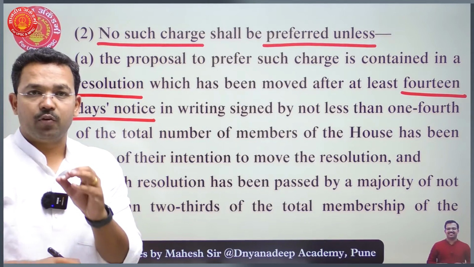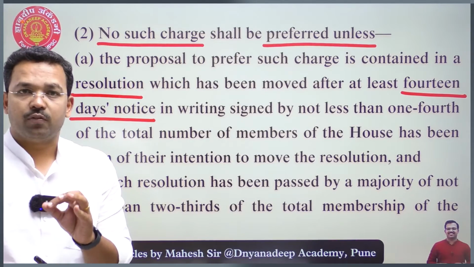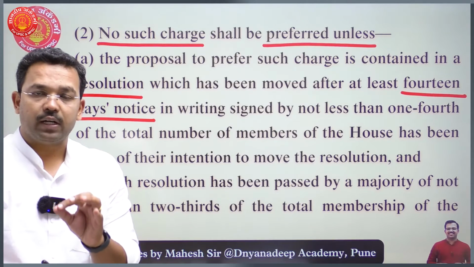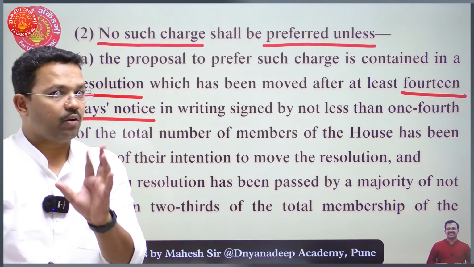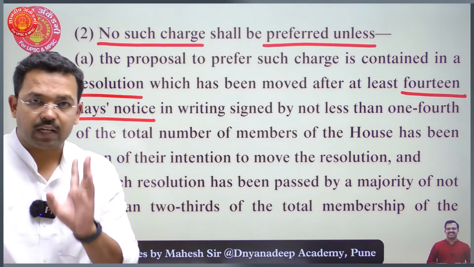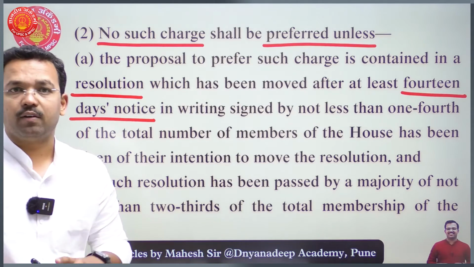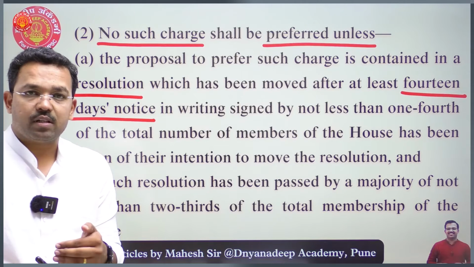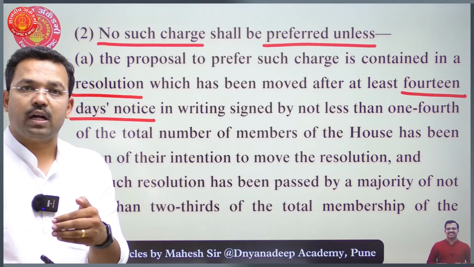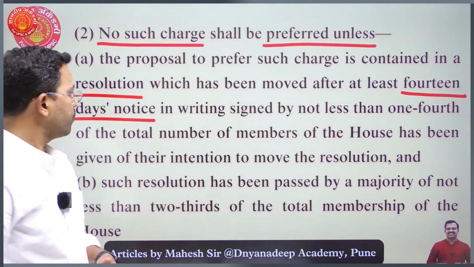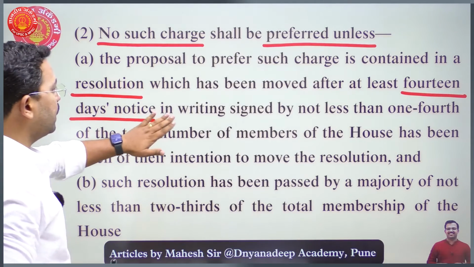It means if you want to move a resolution for impeachment of the President of India, first you should give 14 days notice to the President. It is a basic requirement that a 14 days notice must be served to the President of India, and that we must inform him that we are going to put a resolution for impeachment of your office. So 14 days notice in writing.